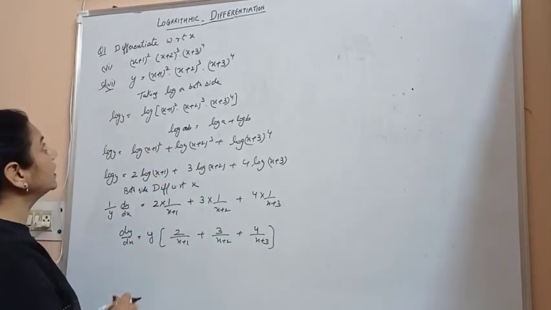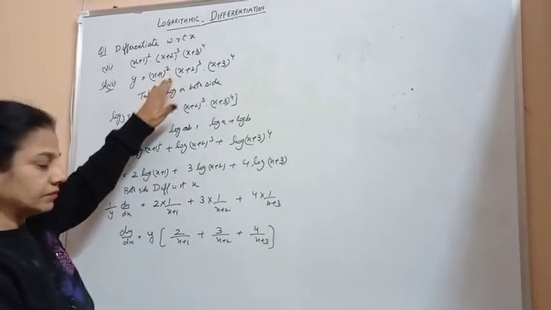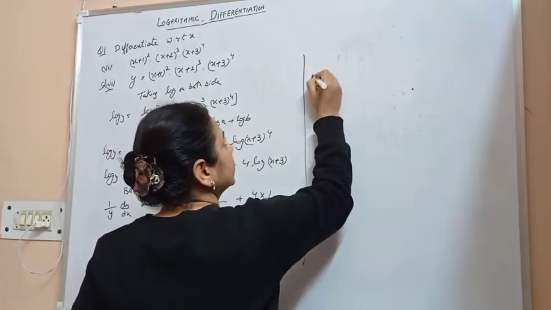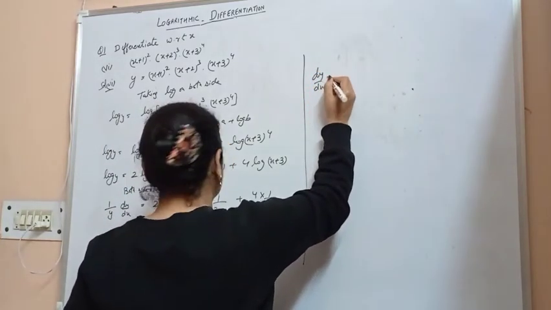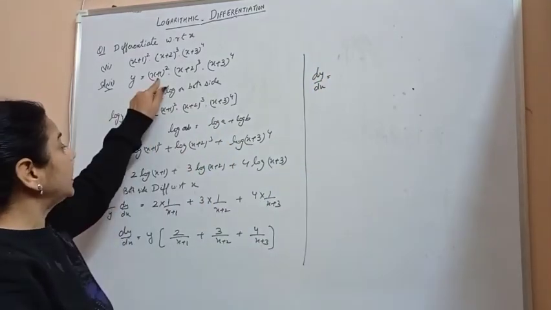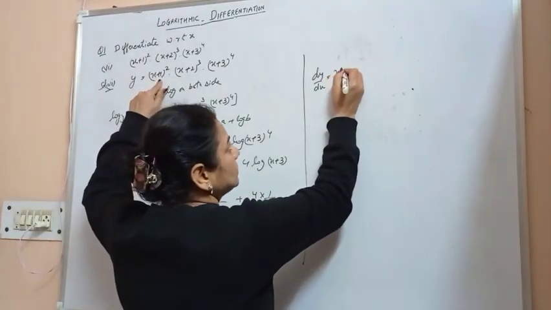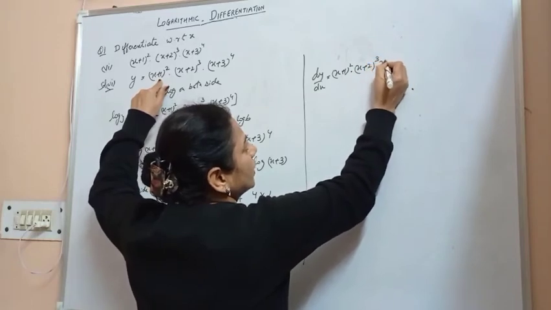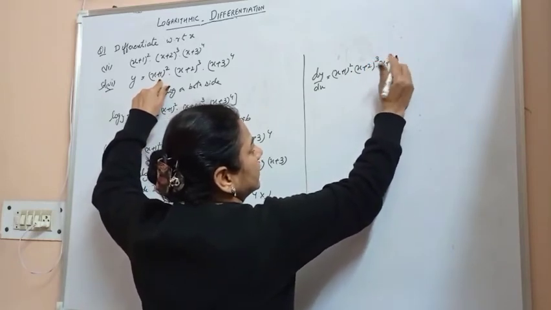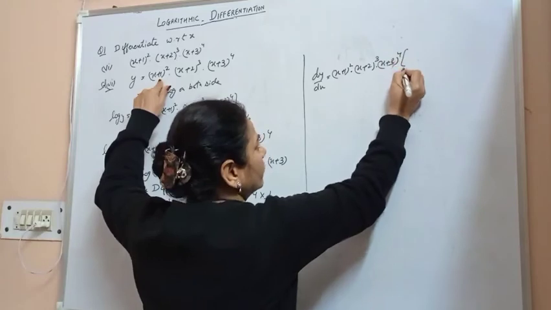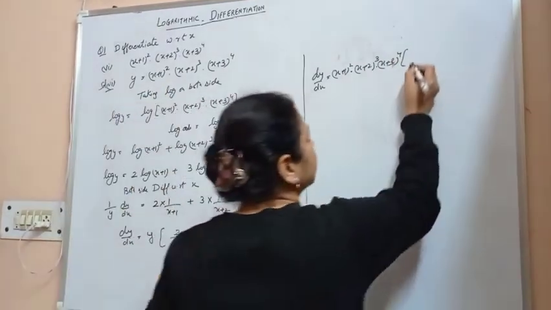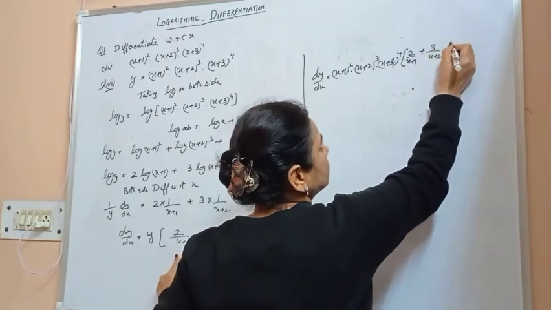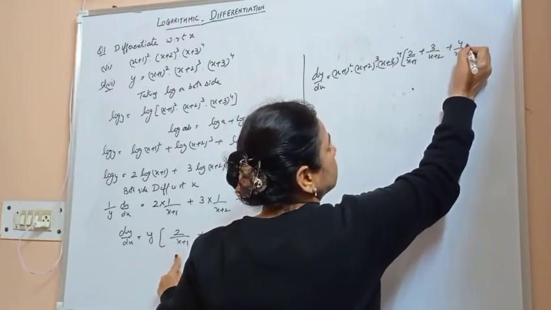Now replace y in the given function. We replace y with the given function. What should I get? I will get dy by dx as, if I replace y, x plus 1 whole square into x plus 2 whole cube into x plus 3 whole to the power 4 into the bracket 2 upon x plus 1 plus 3 upon x plus 2 plus 4 upon x plus 3.